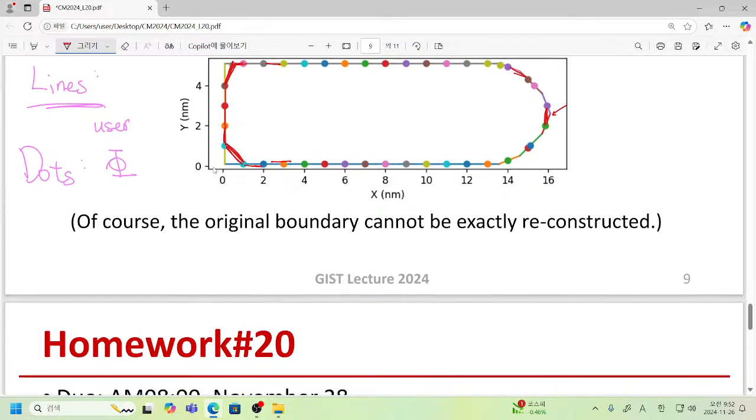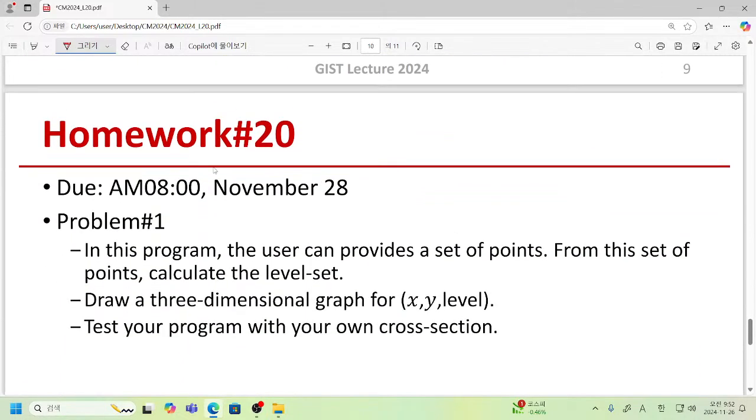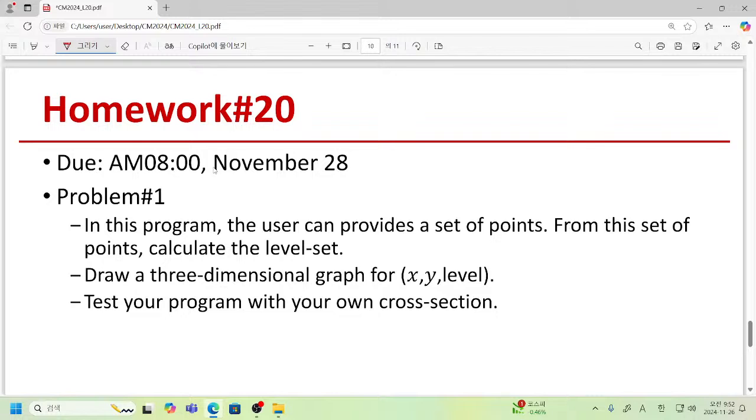Okay, so now let's wrap up today's lecture. Today's assignment is quite simple. Please write a program which can perform the same capabilities I have shown up to now.